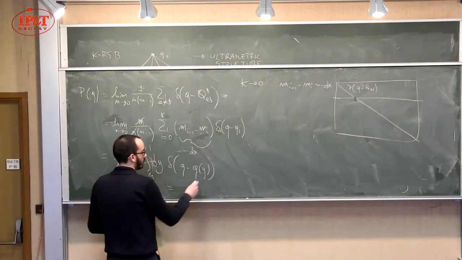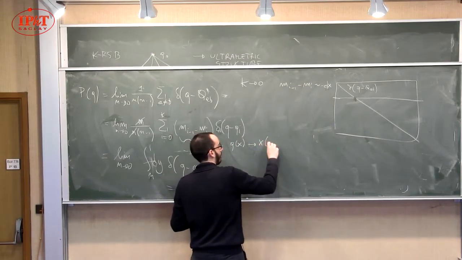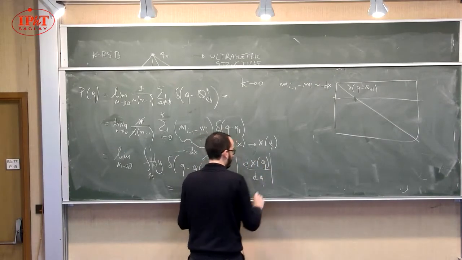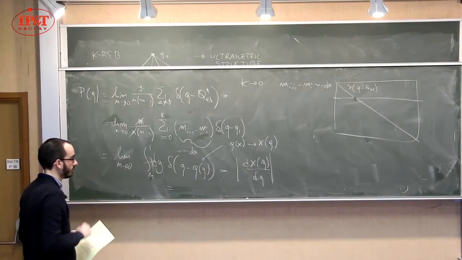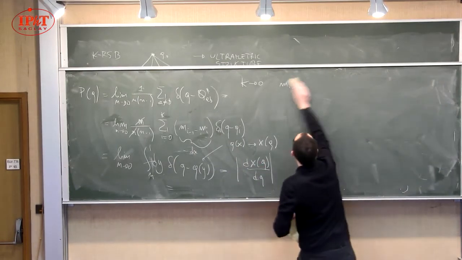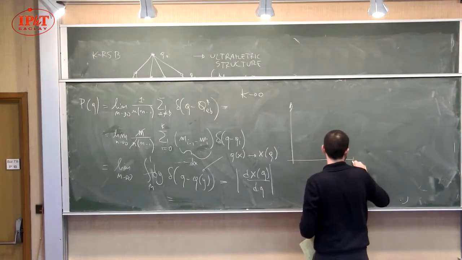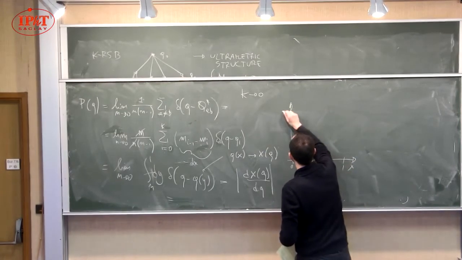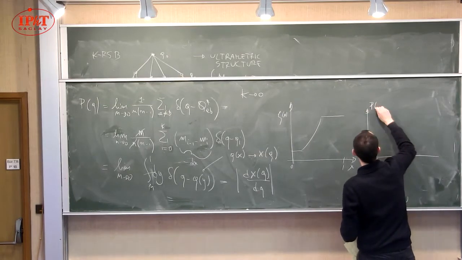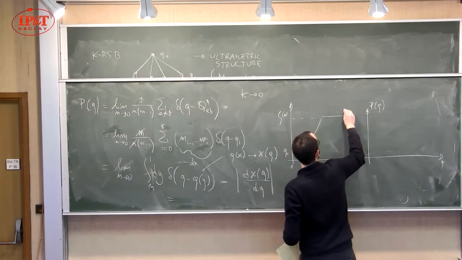And now if I introduce the inverse function of q, so if I have q of x, and if you start from a q of x that is like that, then what you get is the P of Q. Let me call this q0 and this q_A.